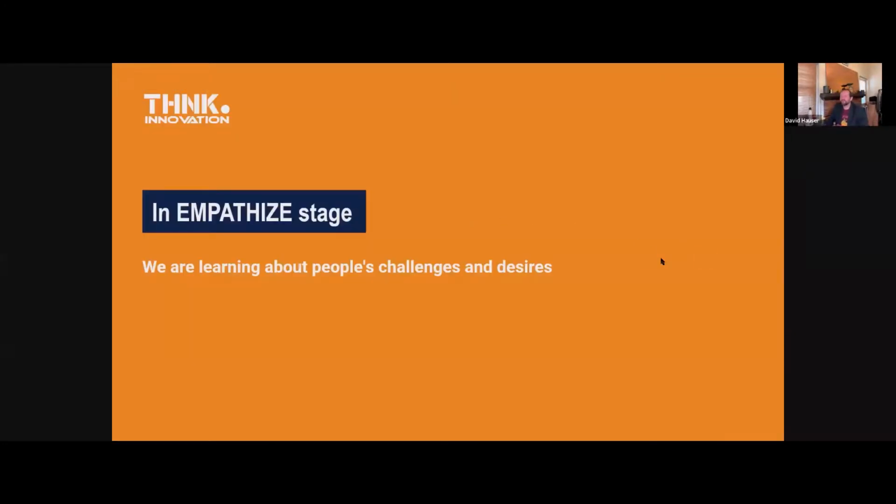and we move on. So in the Empathize stage, we are learning about people's challenges and desires. In the original Empathize stage, we are not learning about how our ideas are resonating with people. We wanted to have it as open as possible. Only when we have a prototype or ideas later on in the process, we go back with those ideas and ask people, or observe people, how they interact with our ideas.